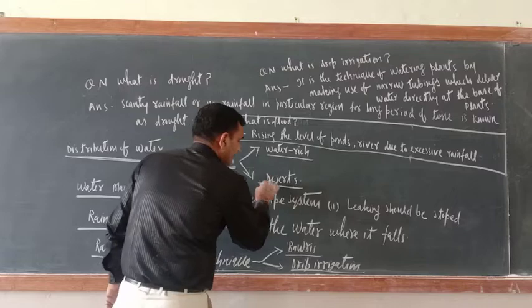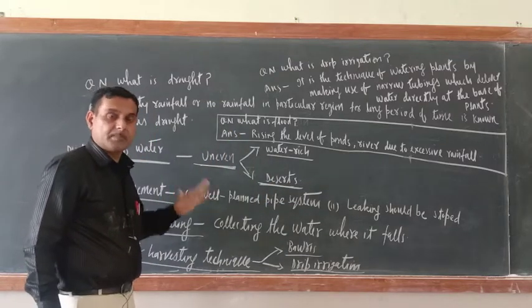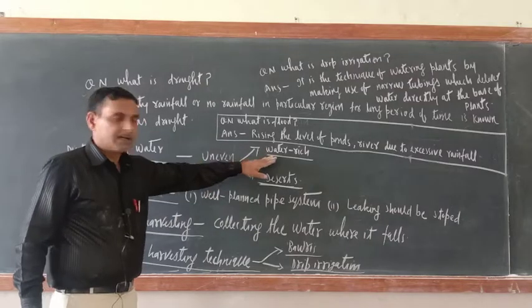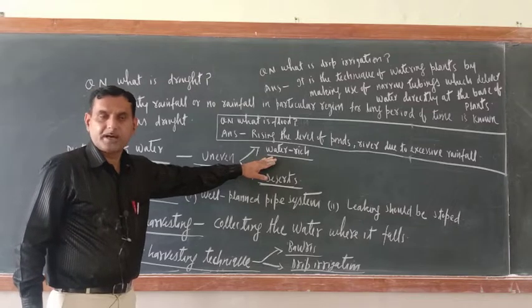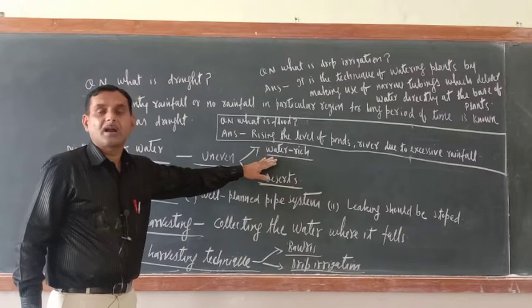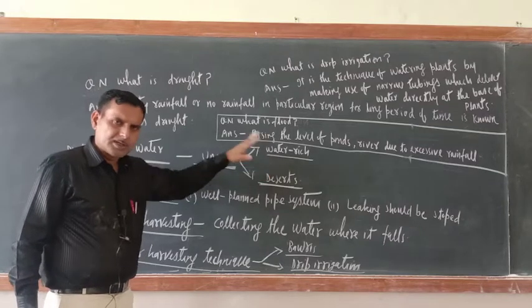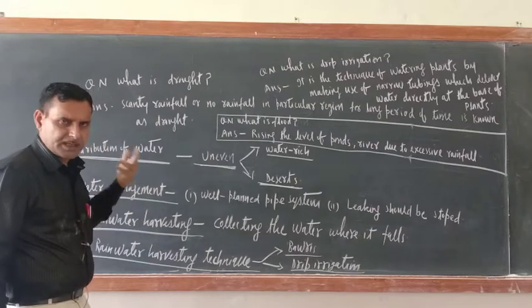In South India, perennial rivers are not there, but we can't say that it is a desert area. We can't consider South India a water rich place, but it is not a drought-hit or drought-prone area. So the distribution of water across the globe is uneven.